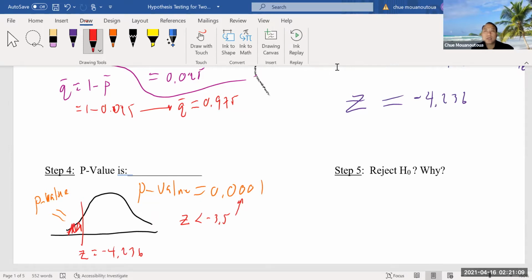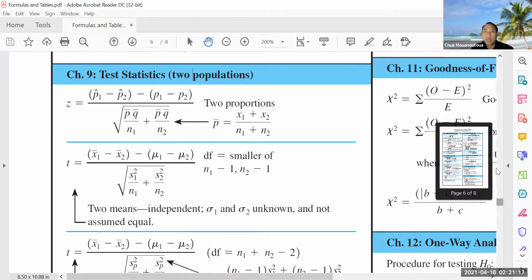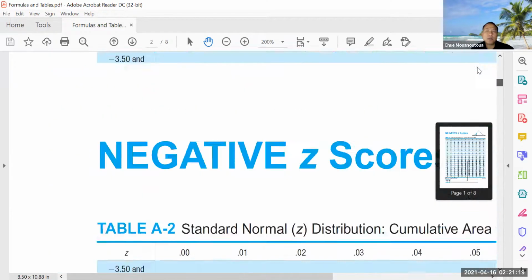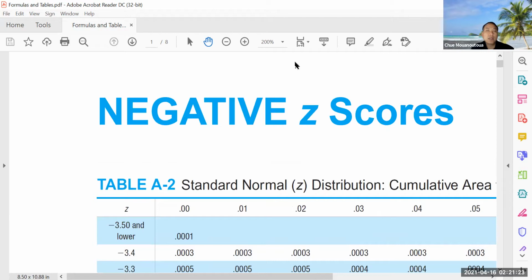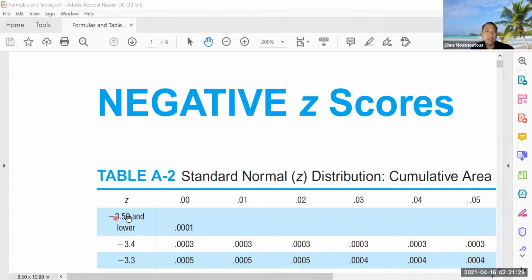Let me go back to the Z table and look for the area of the Z score negative 4.3 something. Right here it says negative 3.5 and lower.